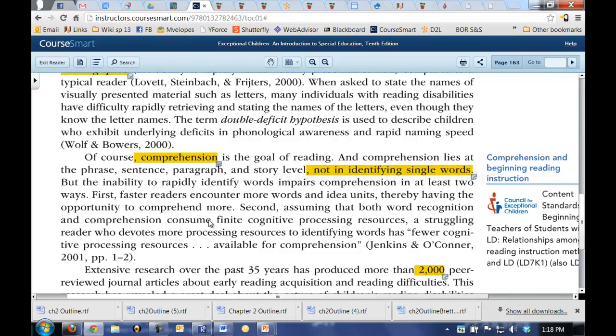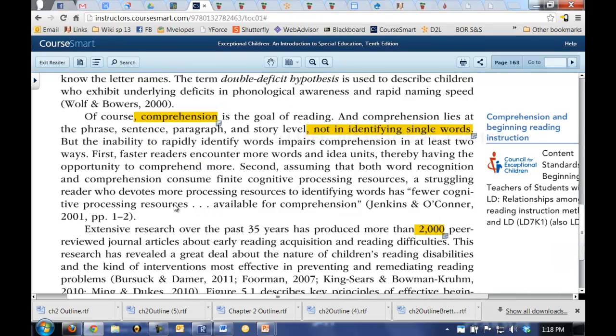First, faster readers encounter more words and idea units, therefore having the opportunity to comprehend more. Second, assuming that both word recognition and comprehension consume finite cognitive processing resources, a struggling reader who devotes more processing resources to identifying words has fewer cognitive processing resources.